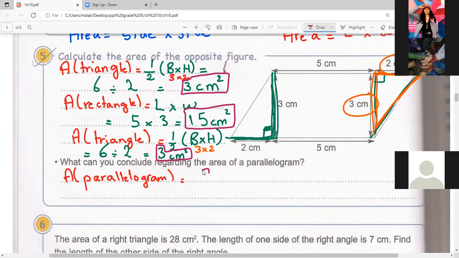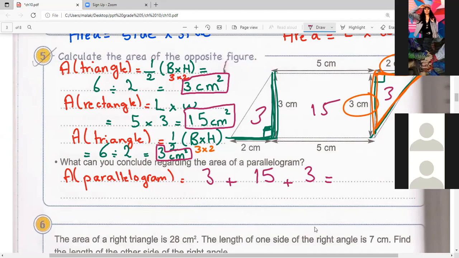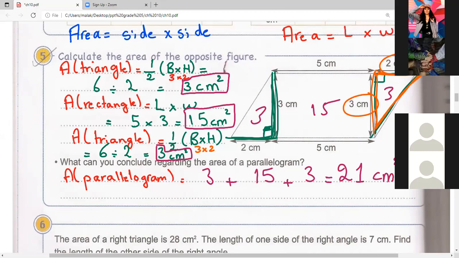So we add 3, 15, and 3. Here 3, here 15, and here 3. How much? 21. Thank you. So the total area of the parallelogram is 21 centimeter square.